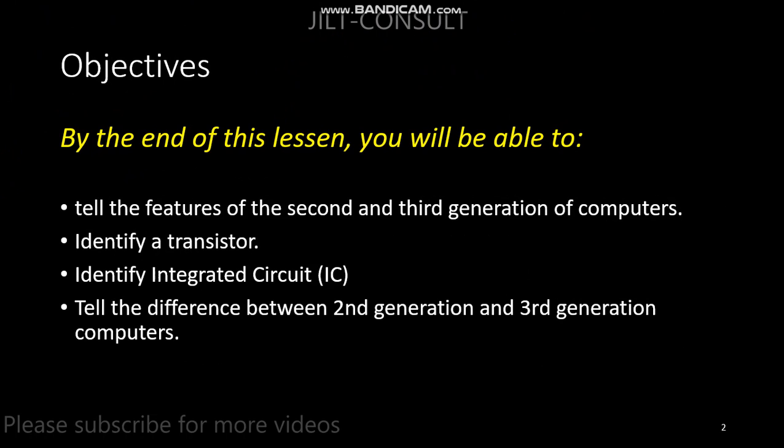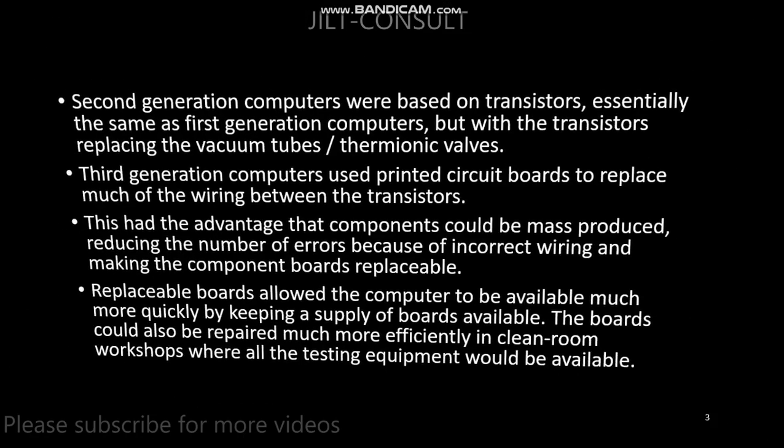By the end of this lesson, you will be able to tell the features of the second and third generation of computers, identify a transistor, identify an integrated circuit, also known as the IC, and tell the difference between second generation computers and third generation computers. Let's start.